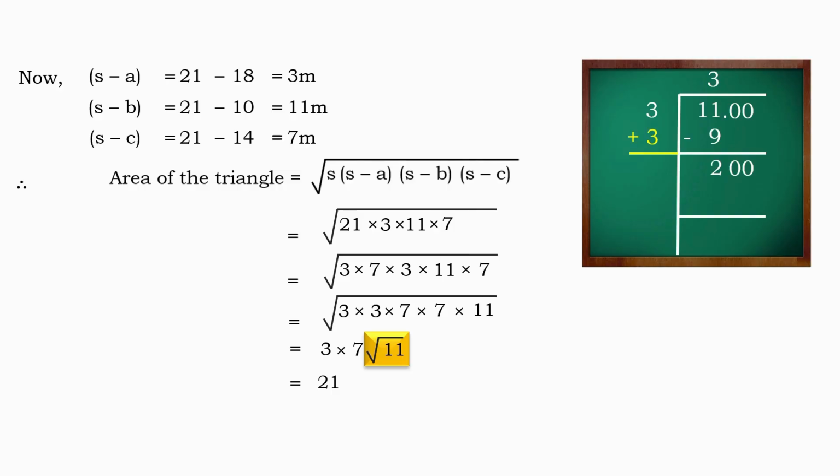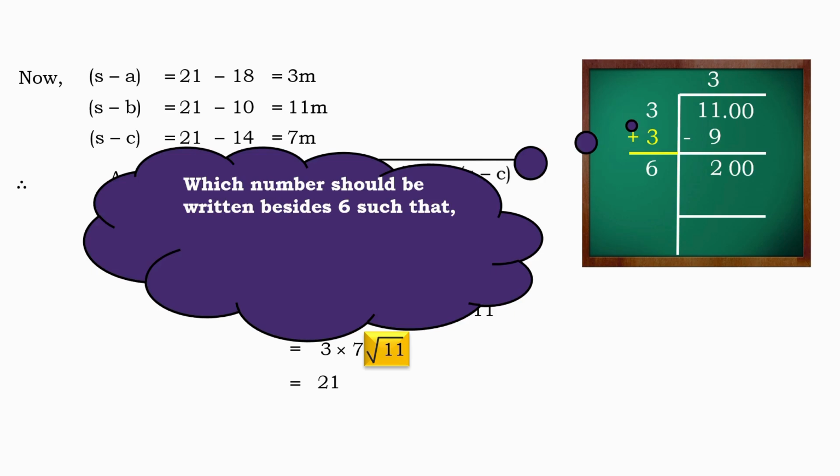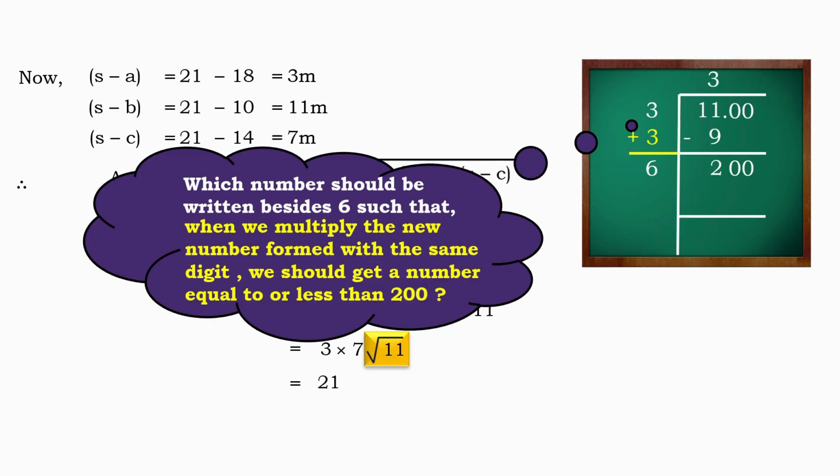Now what we need to do, we have to multiply 3 two times, or you can say 3 plus 3, both will give you the same result. So it will become 6. Now which digit should be written beside 6 such that when we multiply the new number formed with the same digit, we should get a number equal to or less than 200.